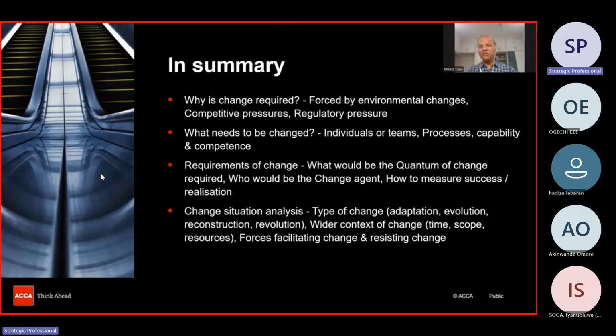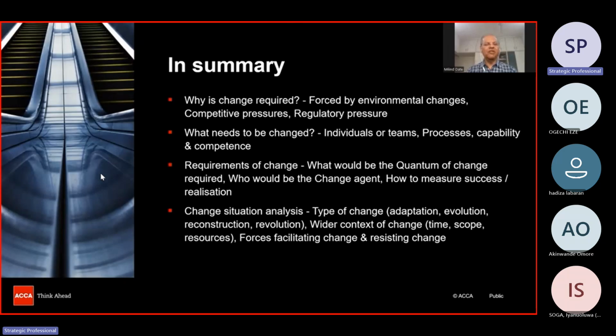Is it the individuals, the teams, the processes, the existing competencies, capabilities? And then how these changes are to be brought about: small, incremental, adaptive, realignment, revolution, evolution. What is it exactly? Because that's what would help the change agent to measure the quantum of change.